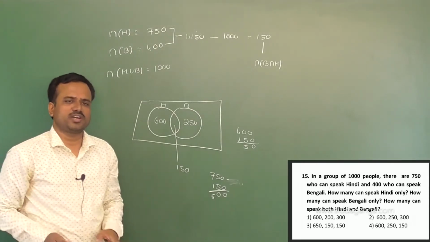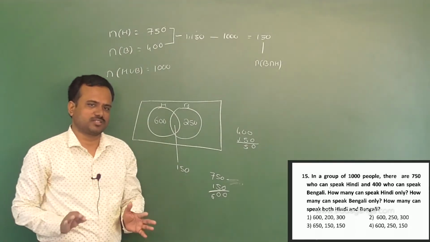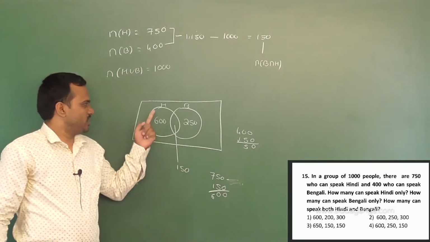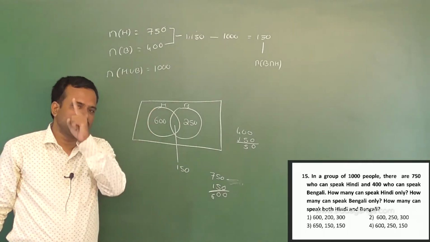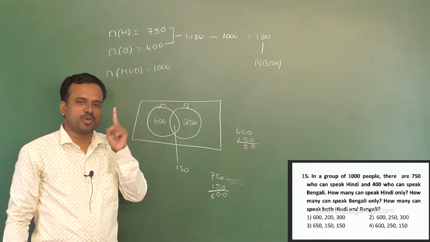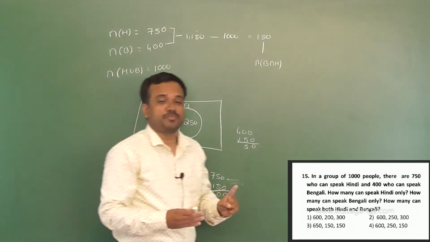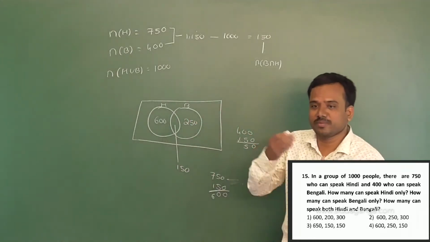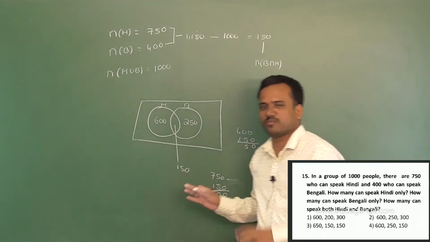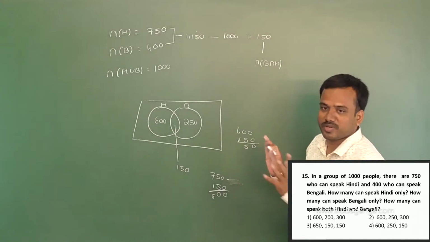You can solve in the analytical method, what we discussed in theory class. You get the same answer. The number of people who can speak Hindi only is 600. The number of people who can speak Bengali only is 250. The number of people who can speak both Hindi and Bengali is 150. So I follow the same concept as in the previous problem.